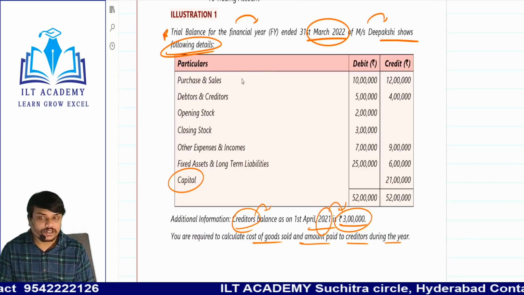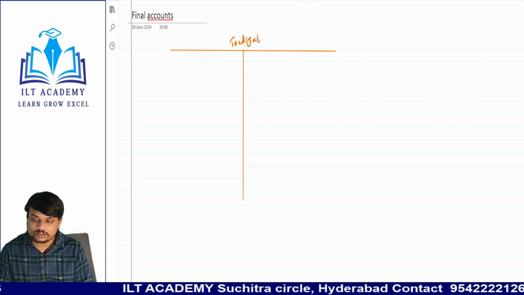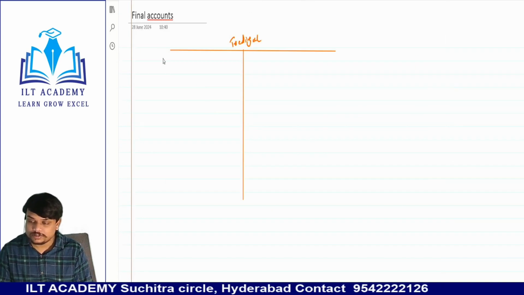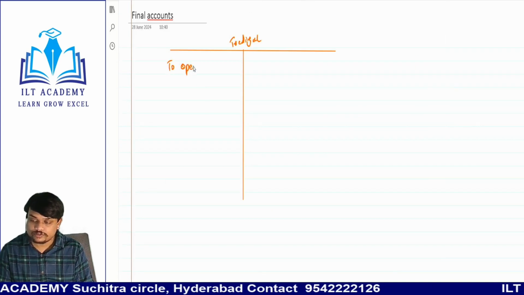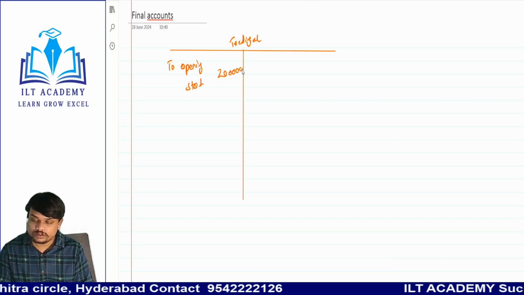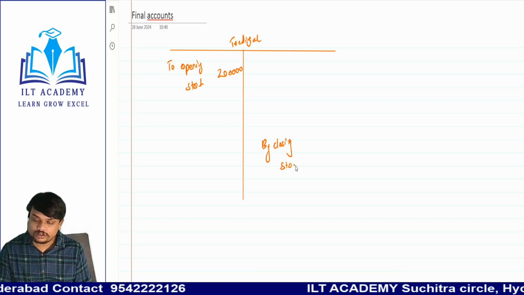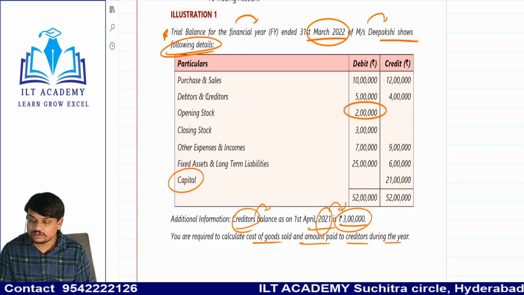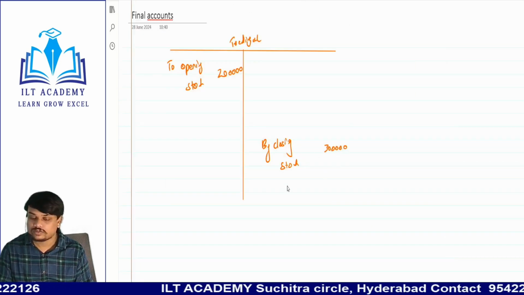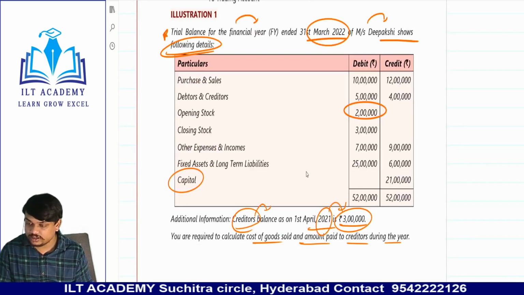Now whatever is given, let us post that in the trading account. If you see, opening stock is 2 lakhs. Closing stock is 3 lakhs.